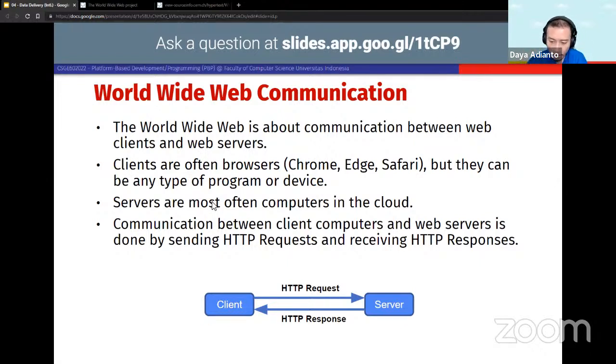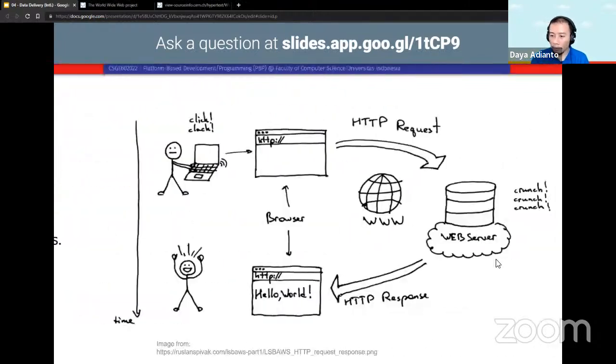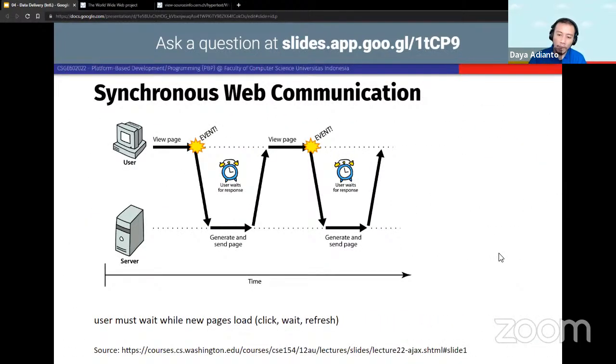I already explained this before. So the communication between the client and server may happen in two approaches. First, it may happen synchronously, where for every request sent by the user, the user will wait for the response before the user can send another request.